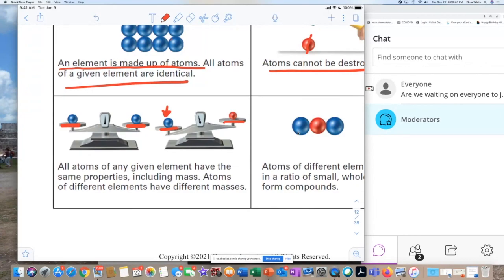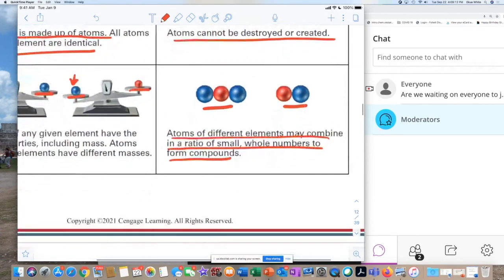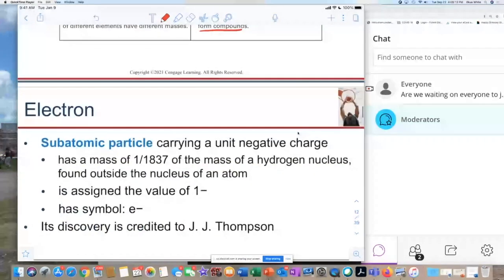In other words, he's trying to say, if the atoms have different weights, they've got to be from different elements. That's all he's saying. And then over here, he also said, atoms of different elements may combine in a ratio of small whole numbers to form compounds, right? And remember, this is what led to the law of multiple proportions. It's all about Dalton. Okay.